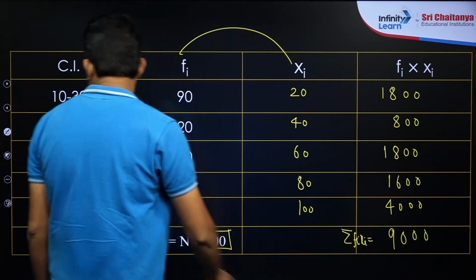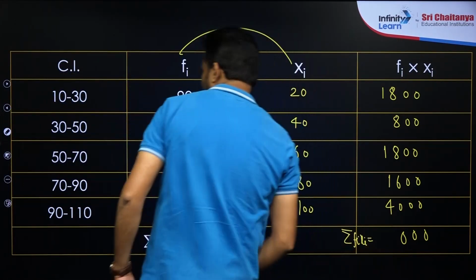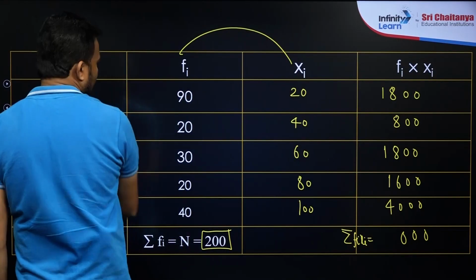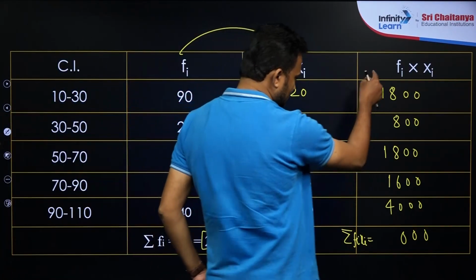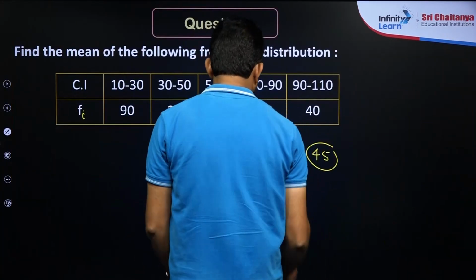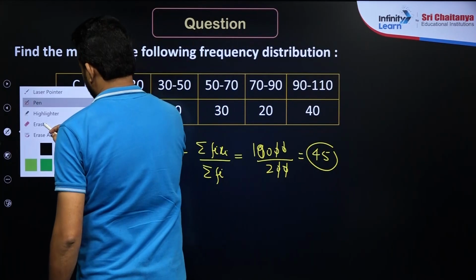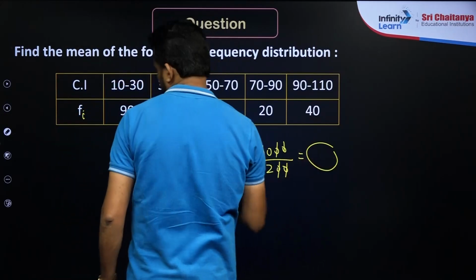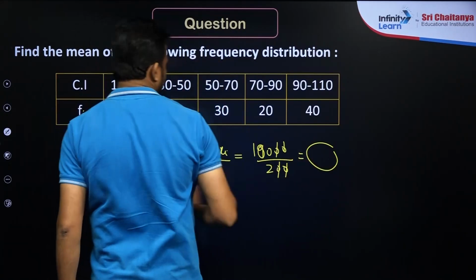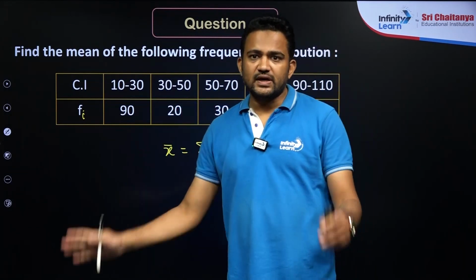Please check this, guys. Again, this is very important. Once you add, you get 4 plus 3, 7 plus 3, 10. So it will be 10,000, and 10,000 divided by 200 is 50. So the right answer is 50. Understood? Hopefully these two methods are clear to everyone.